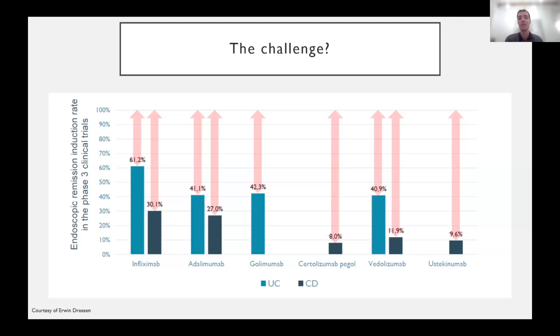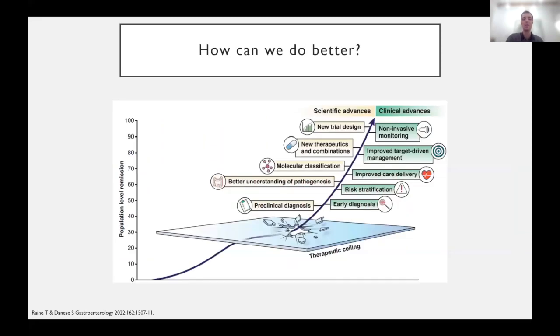And if we add to this that, despite being a stringent endpoint, endoscopic remission is also prone to the placebo response, which is in the region of 5 to 10%, you'd see that these rates are even lower. So on the optimistic side, we're moving around 30%, and this has been called the therapeutic ceiling in IBD, conveniently placed at 30% for reasons I've illustrated above.